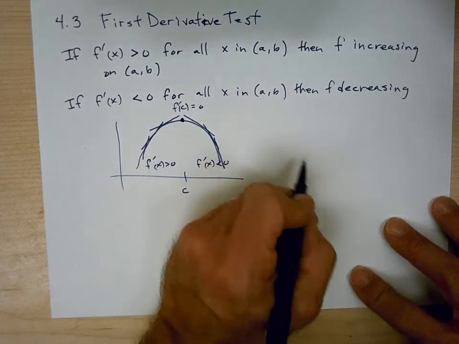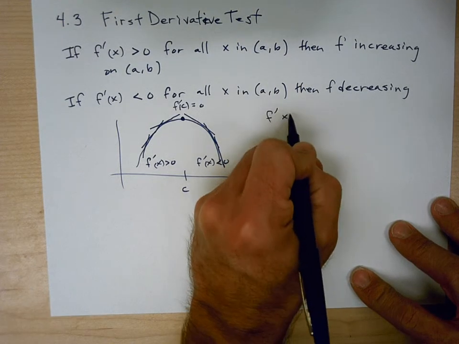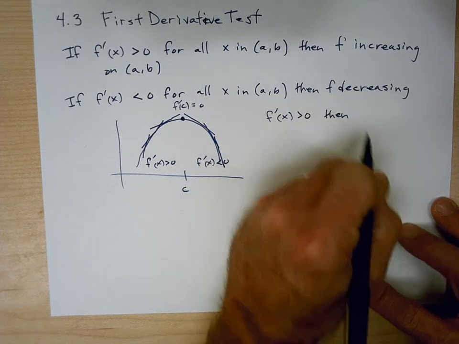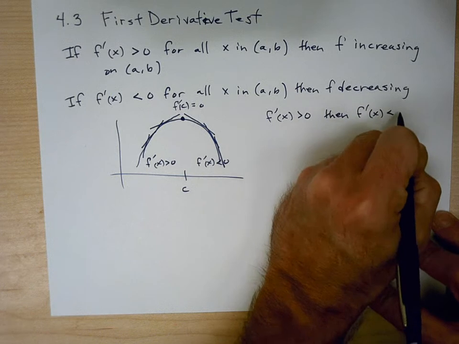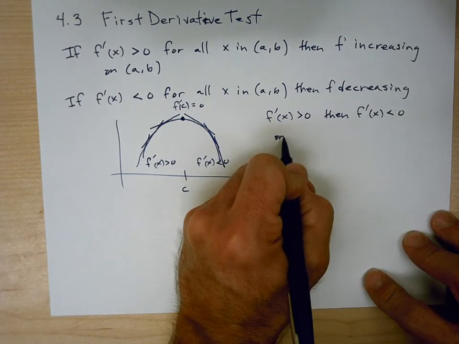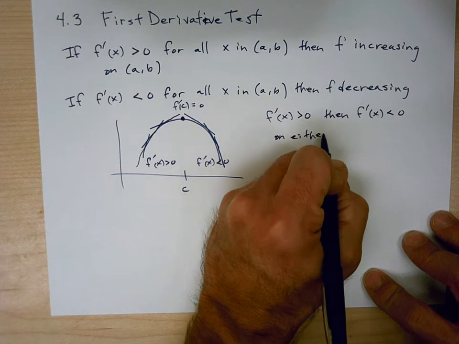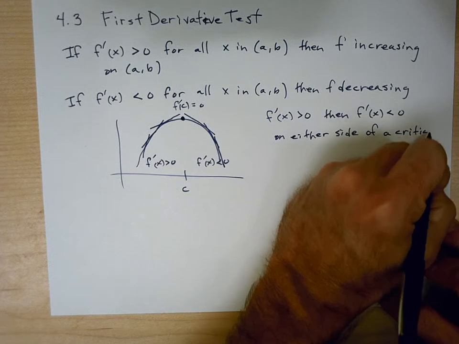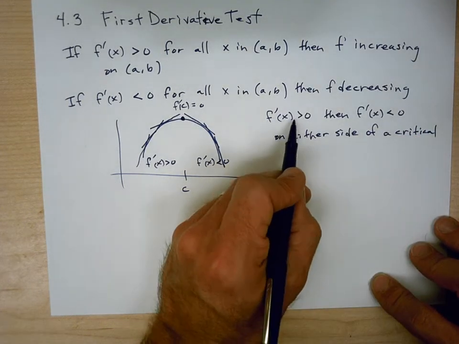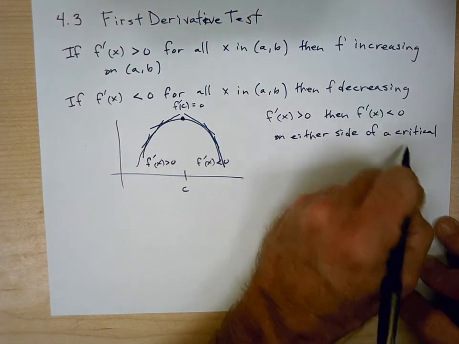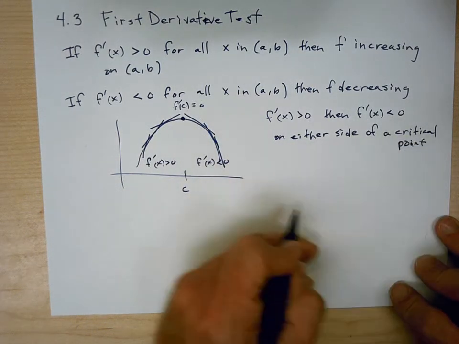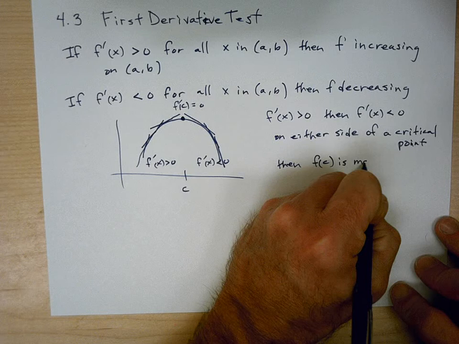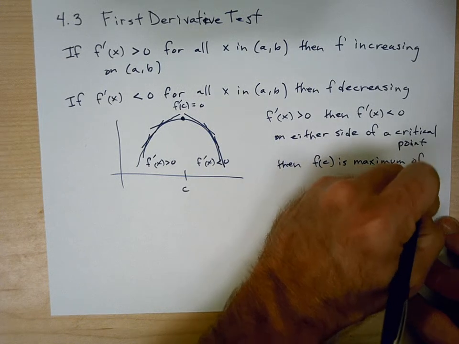So we can summarize that result by saying that if f prime is positive and then f prime is negative on either side of a critical point, so what I mean by on either side is if it's positive to the left and then negative to the right of a critical point, then f of c is a maximum of f.